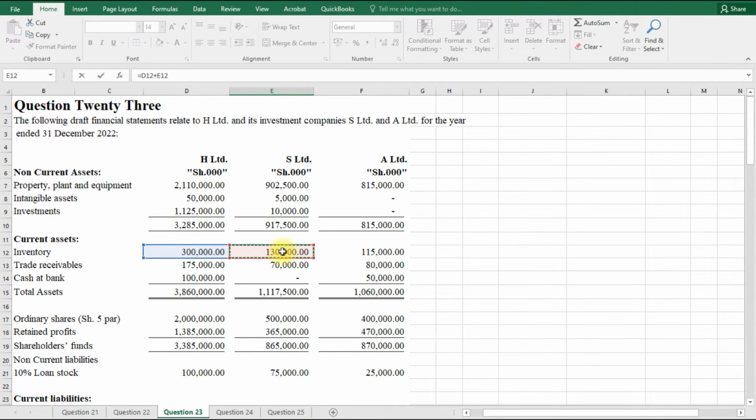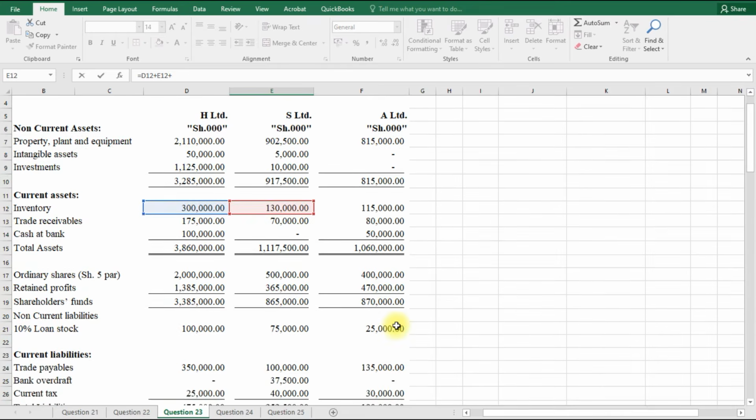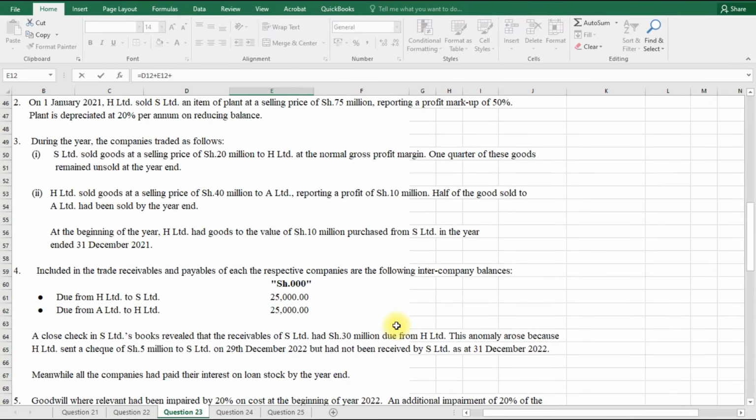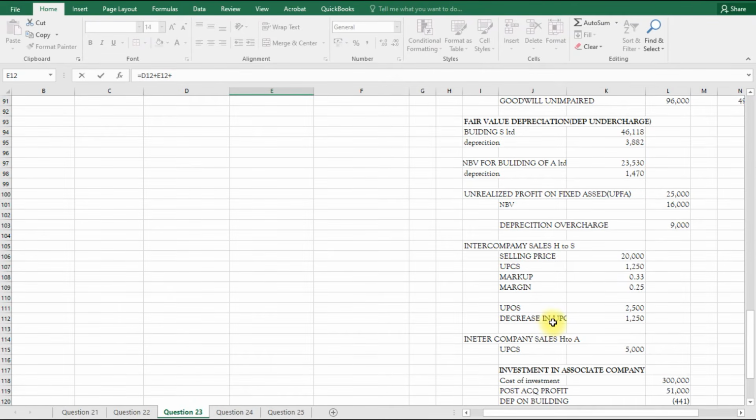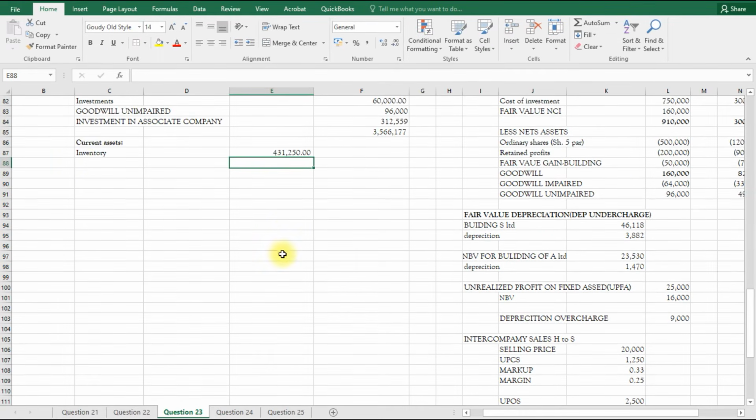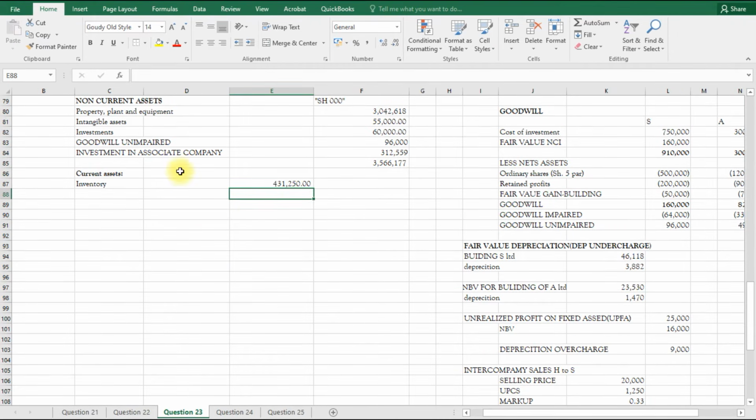In this case we shall add the UPCS because it was a decrease in UPCS. Remember our UPCS decreased, so this is a decrease in provision by 1250, so we shall add that decrease, and I enter. That will be our value of the inventory there.